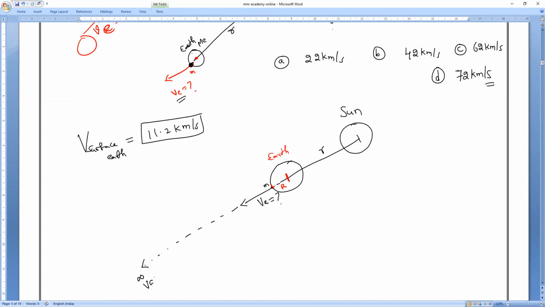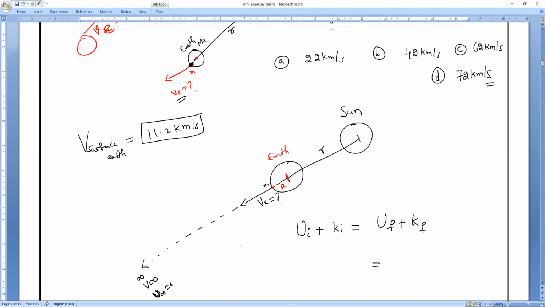If it goes to infinity, velocity is 0, so final potential energy is 0, final kinetic energy is also 0. So now, conservation of mechanical energy. What is the formula? Initial potential energy plus initial kinetic energy equals final potential energy plus final kinetic energy.